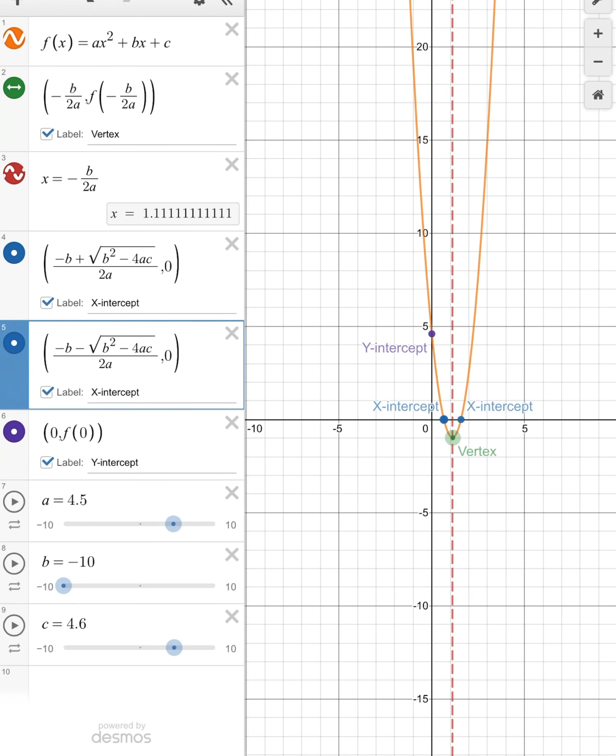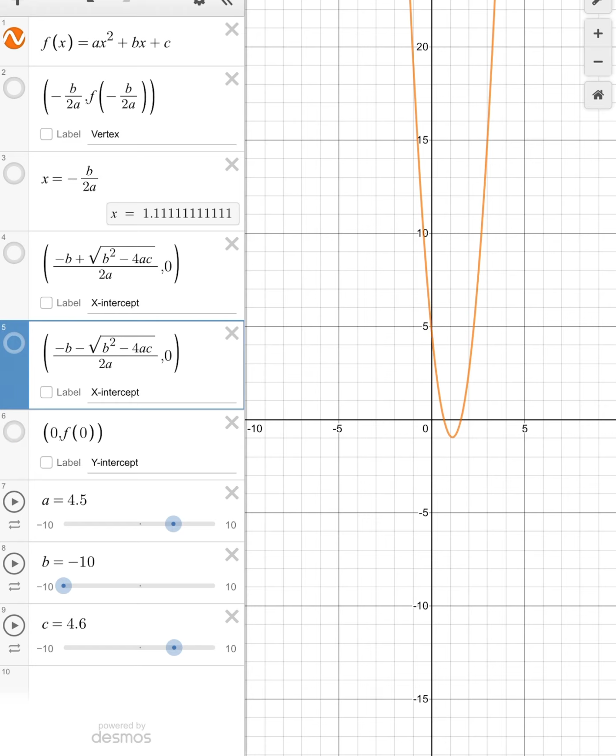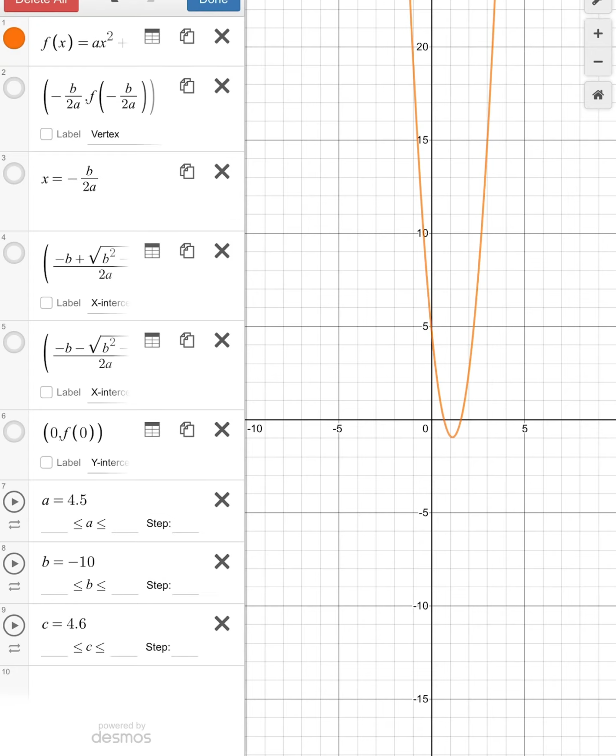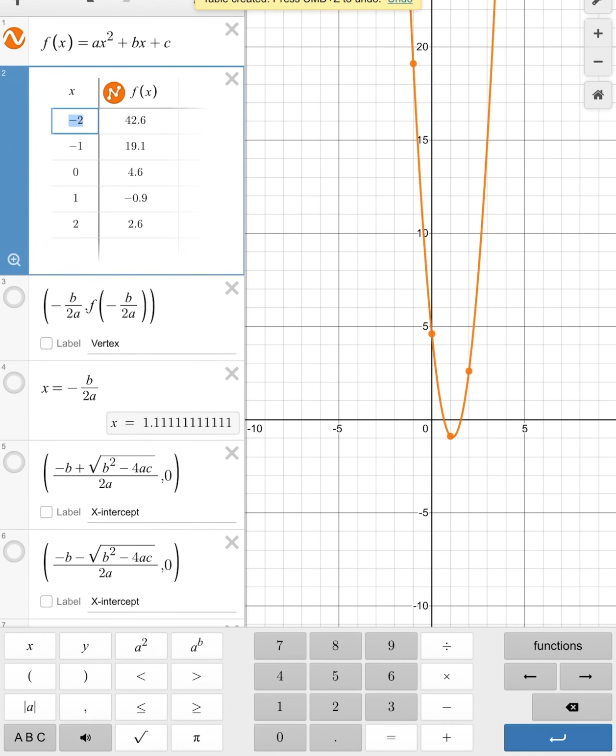So here is our parabola. I'm going to take off some of these features so we can look just at the parabola. This is any old parabola here. When I say our domain is all real numbers, that means that I can plug any number I want in for x, and I'll be able to solve and get a y value. Here I give us a table for our particular parabola.